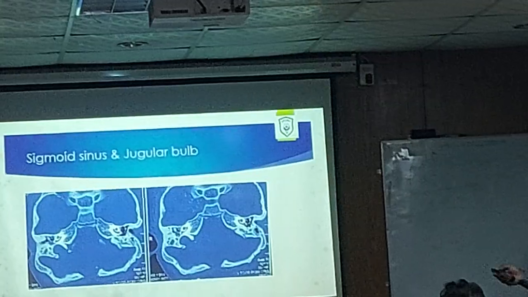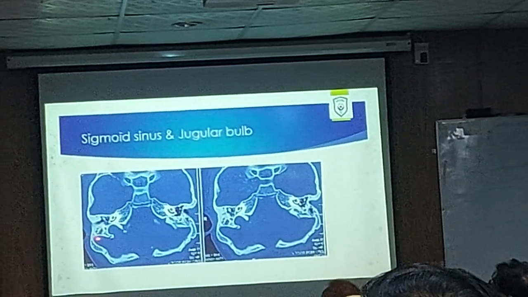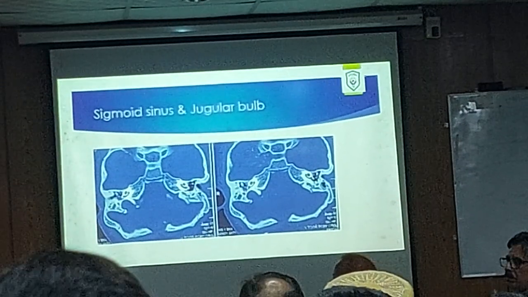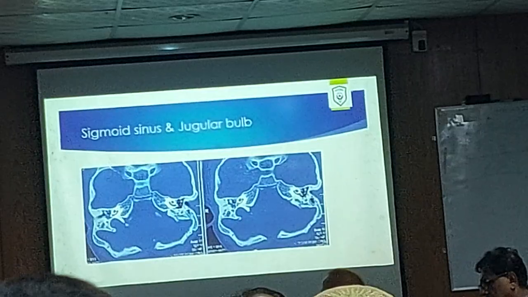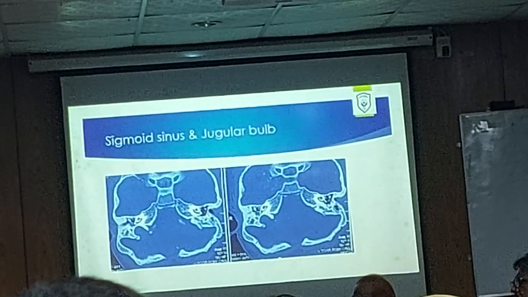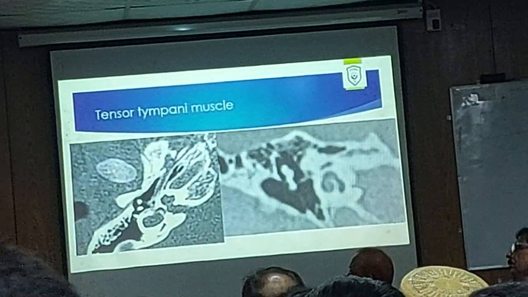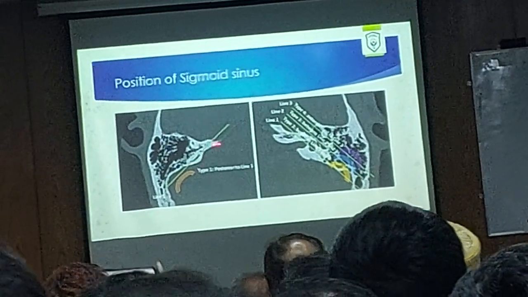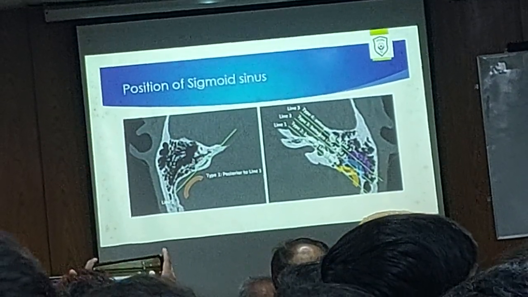And how can we assess it? In a normal view, it is seen, and we can say it is anteriorly placed, but we have to have the normal landmark. How can we say this is anteriorly placed? Look, this is the posterior semicircular canal.